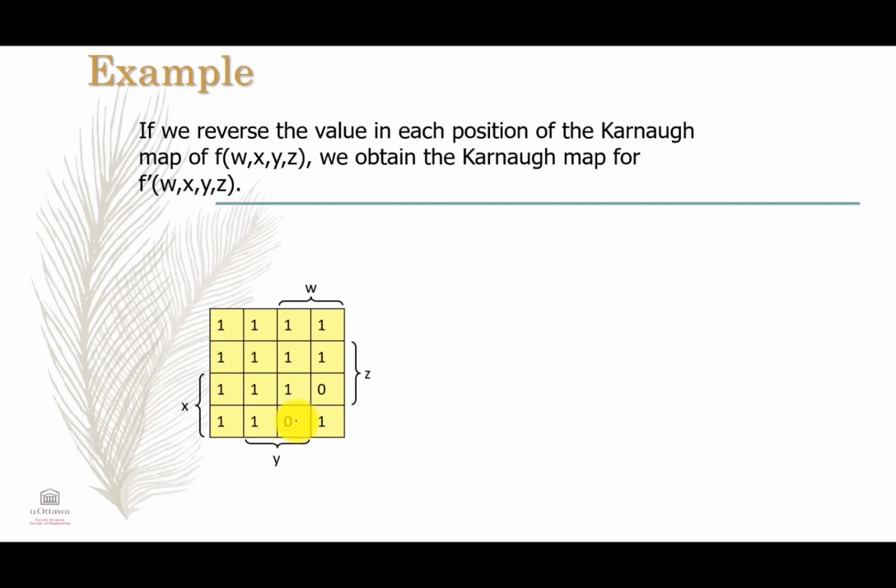Since we obtained the Karnaugh map, the question that we have to answer is, how can we group this Karnaugh map to give me the simplest form of f prime? Since this map has 16 cells, we will try to group all the ones in a group of 16.